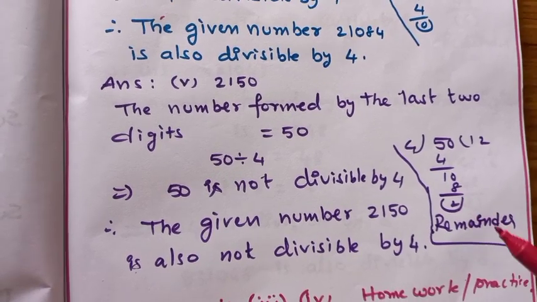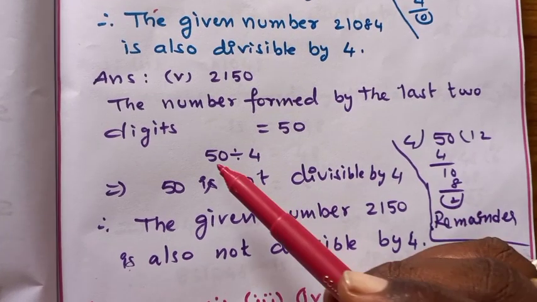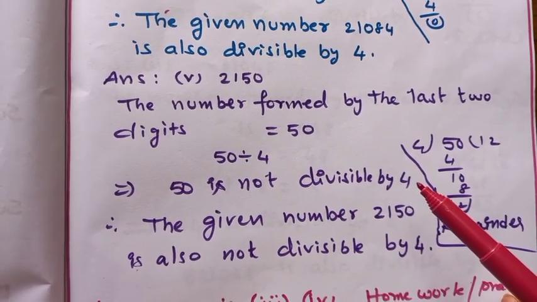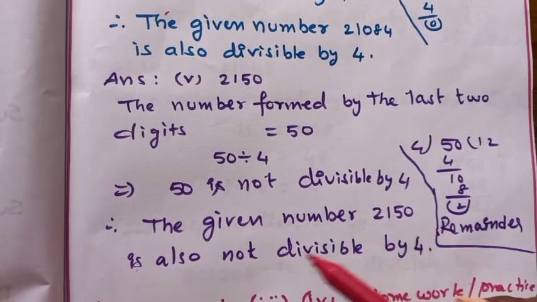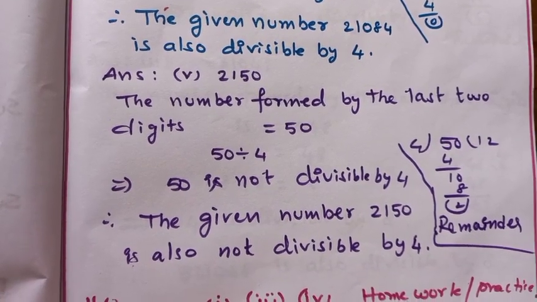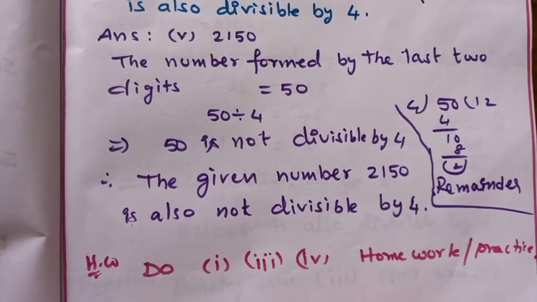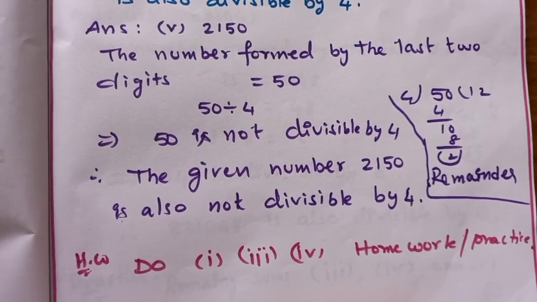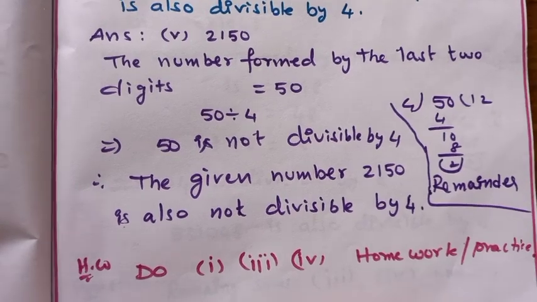So here we get the remainder 2, which is not 0, therefore 50 is not divisible by 4. If 50 is not divisible by 4, automatically the given number 2,150 is also not divisible by 4. Now do the remaining sub questions 1, 3, 4 by practicing the above questions.